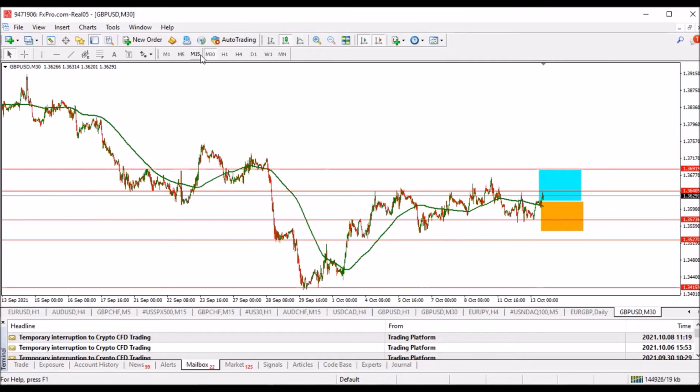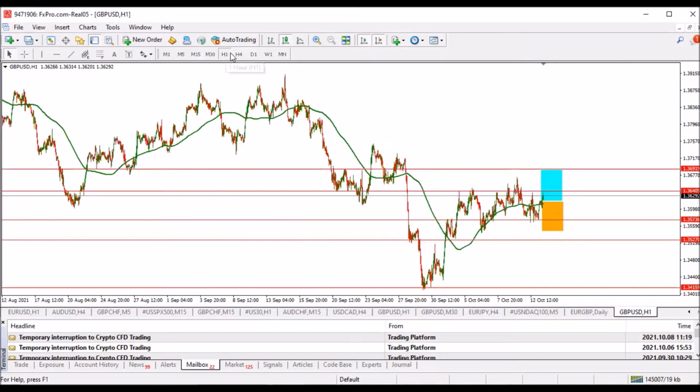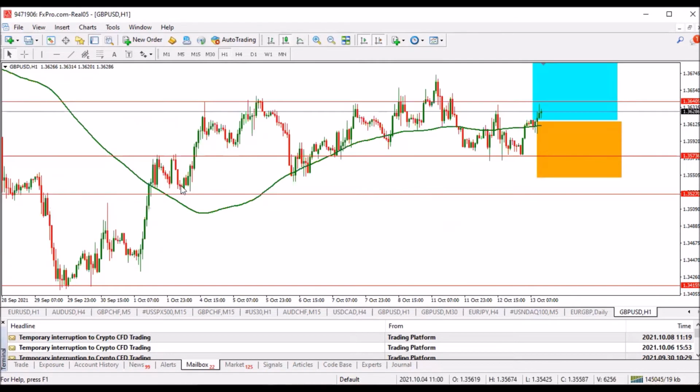I'm trying to go a little bit closer. So you can see, guys, it's simple. The market is above here. Okay. And then we bought here, and then we bought here. Remember, we look at H1. You can zoom in if you want to. So we buy here.